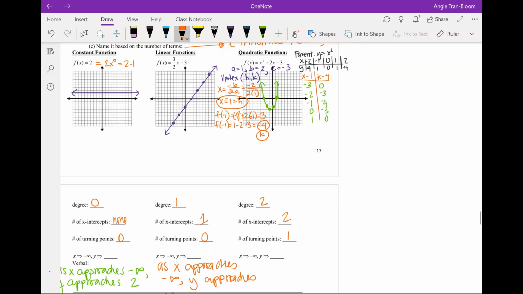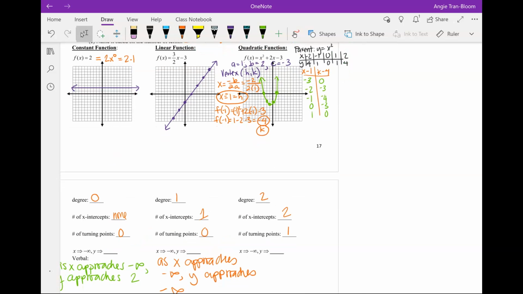Now, let's look at your third function to the right. Verbally, we're going to say as. And the reason we're spelling verbally right now is because we have never really studied these. As x approaches negative infinity, y approaches. Okay. So again, negative x is going to be to the left.